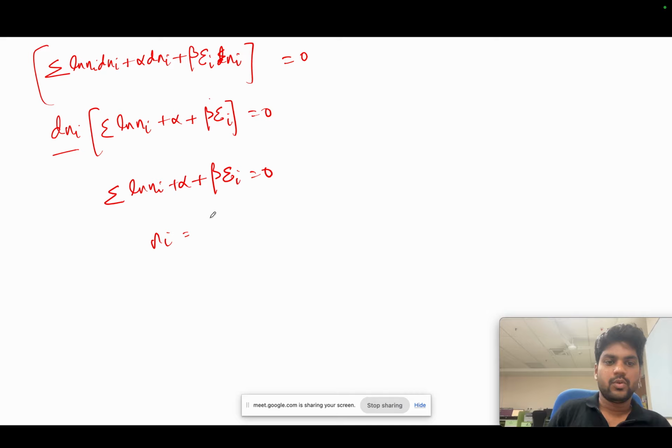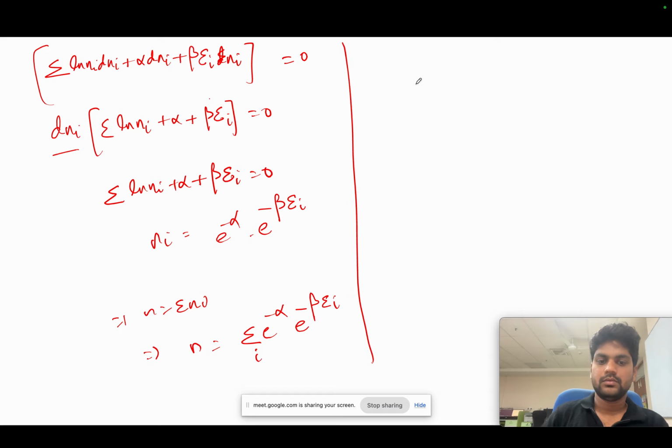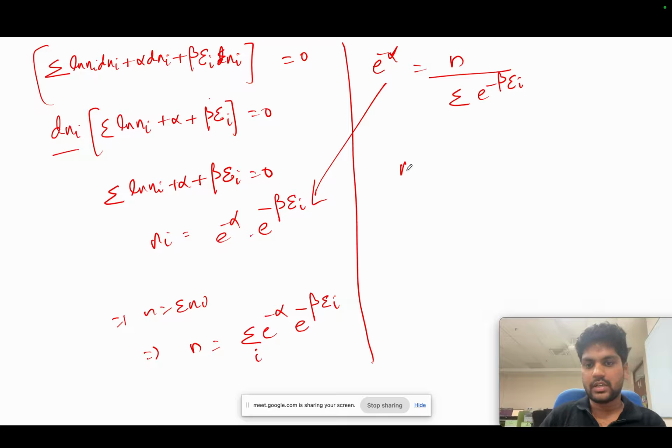Then ni will be nothing but e to the power minus alpha into e to the power minus beta epsilon i. Now we know that n is nothing but sigma ni, so we get sigma of e power minus alpha into e power minus beta epsilon i. Here e power alpha is constant, so e power minus alpha equals n divided by sigma of e power minus beta epsilon i.